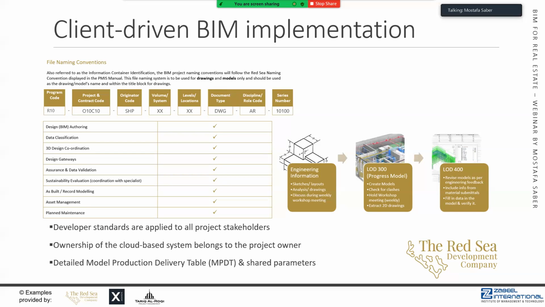We also use it for data validation and quality assurance. Sustainability evaluation is also part of the process. So we use these models to create energy models and make sure that the building is meeting the standards required for such a project in terms of sustainability.